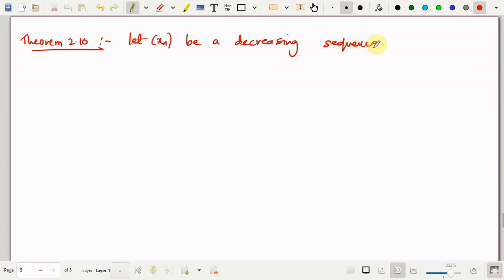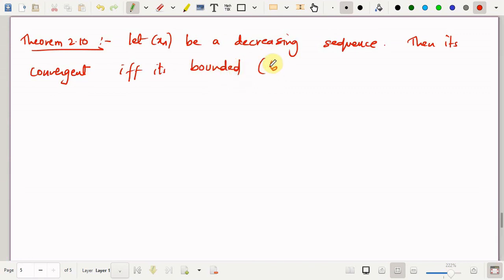Then it is convergent if and only if it is bounded. Or in other words, when I say a decreasing sequence is bounded, it's always bounded above, so it is bounded below.